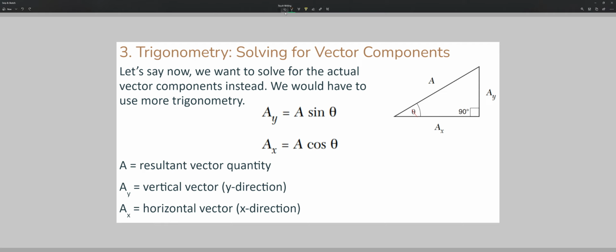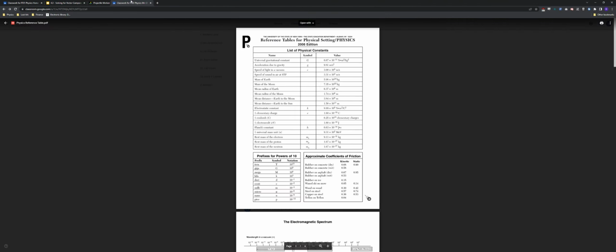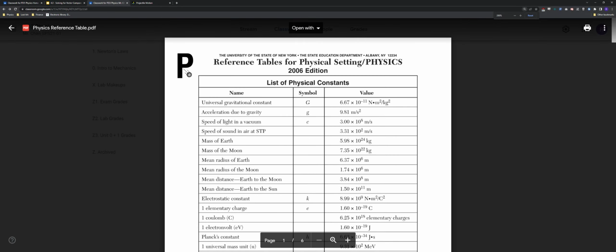On your reference table, it's right below vf squared equals vi squared plus 2ad. Actually, I should probably show you, that would make a lot of sense. So let me just bring it up. So now we have this, let's go to the back here.